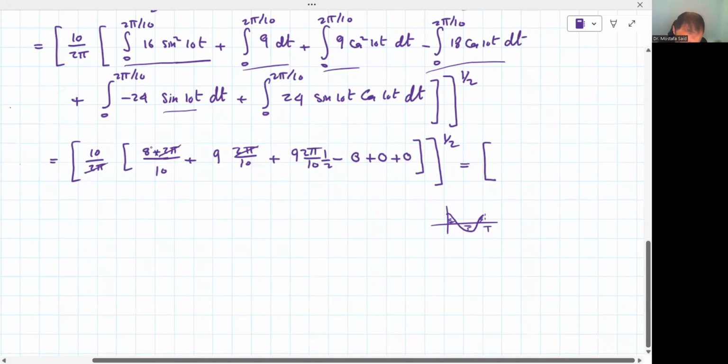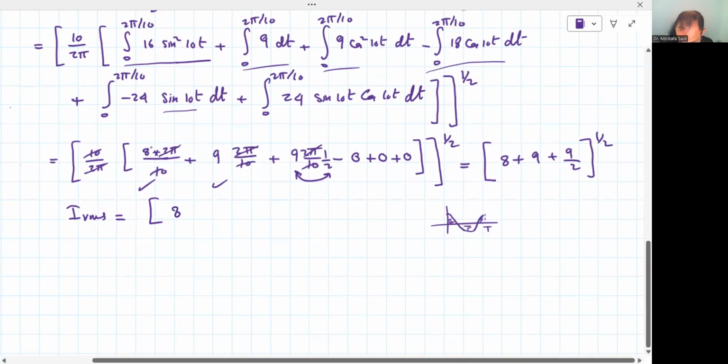So all the 2 pi's will go with each other. Then the 10s also go with each other. So you're gonna end up with 8 plus, that's the first 10, plus 9, second 10, plus 9 multiplied by half, plus 9 over 2, square root again. So IRMS equal to the square root of 8 plus 9 plus 4.5.